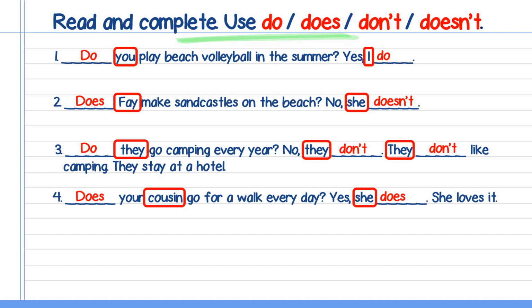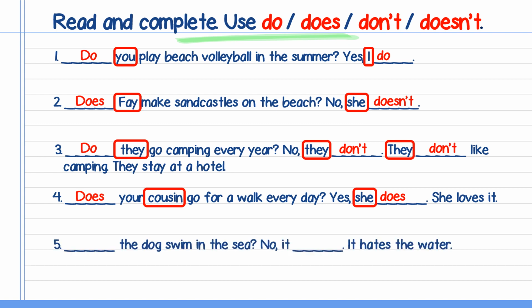She loves it. Question number 5. The dog swim in the sea? No, it. It hates the water. The keyword here is dog. Dog is the singular subject, so we use does. Does the dog swim in the sea? The second keyword is it. No, it doesn't. It hates the water.